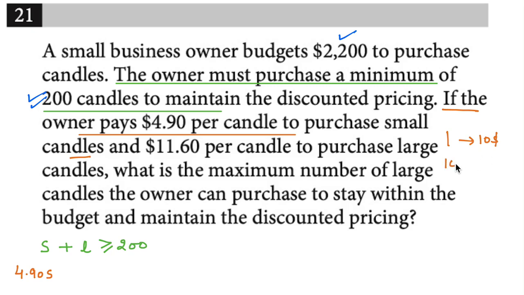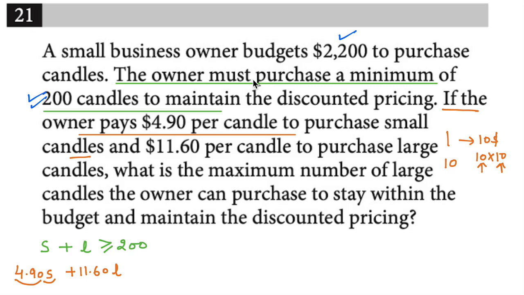So the total cost will be 10 dollars times the number of chocolates. Now because here we don't know the number of candles, we are doing cost per candle times the number of small candles. Similarly, the cost per candle of the large candle times the number of large candles.